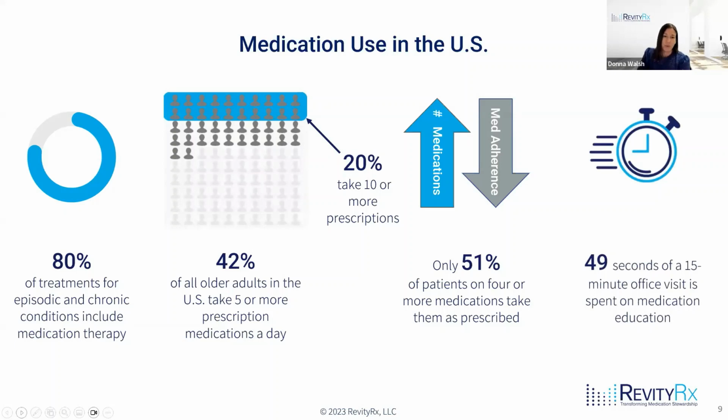And then this is probably one of the more daunting statistics where we really need to lean in. Of a 15-minute office visit, only 49 seconds of that visit is the provider really able to dive into medication education. And if we think about a patient starting on a new anticoagulant, is 49 seconds truly enough?